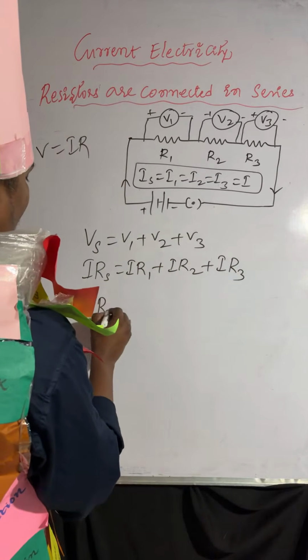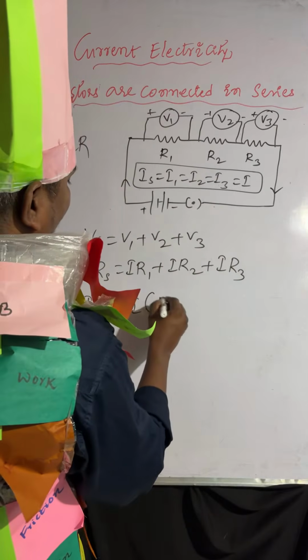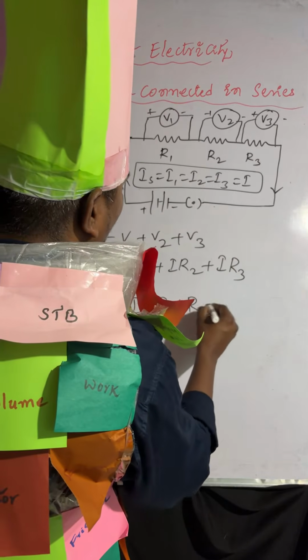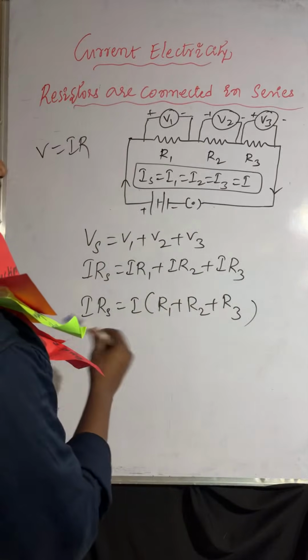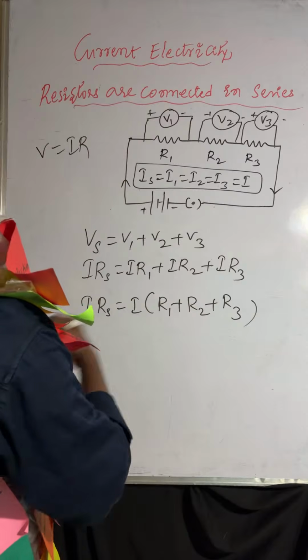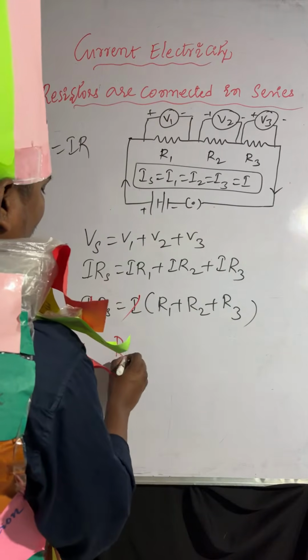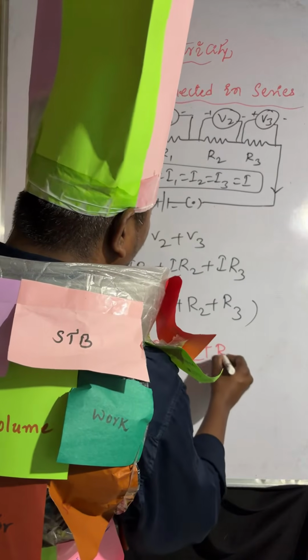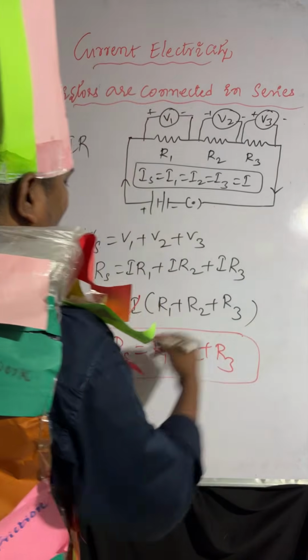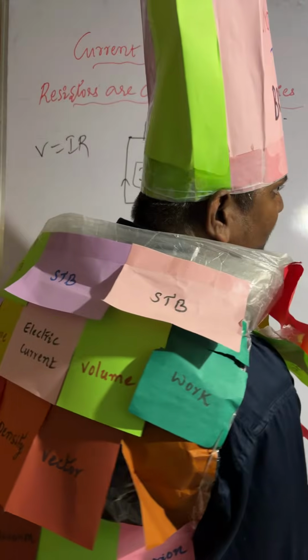Taking I common, I times R1 plus R2 plus R3. Then you can observe I gets cancelled. So Rs equal to R1 plus R2 plus R3.